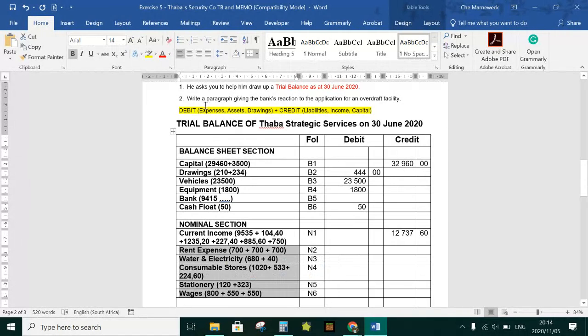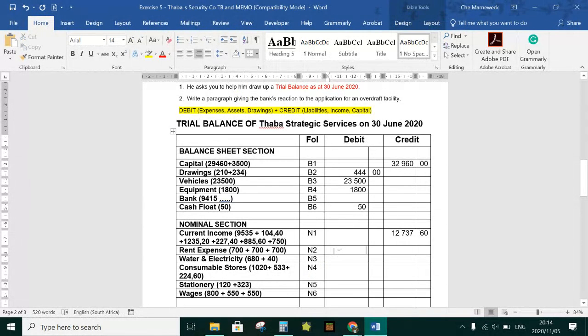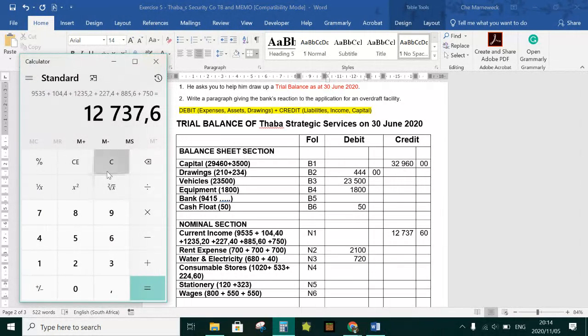Whatever's left over is an expense. Expenses go under debit. So 7 plus 7 plus 7 is 21, so 2,100. Electricity, 720. Consumable stores, we're going to have to add 1020 plus 533 plus 224, 60. 1,777.60.